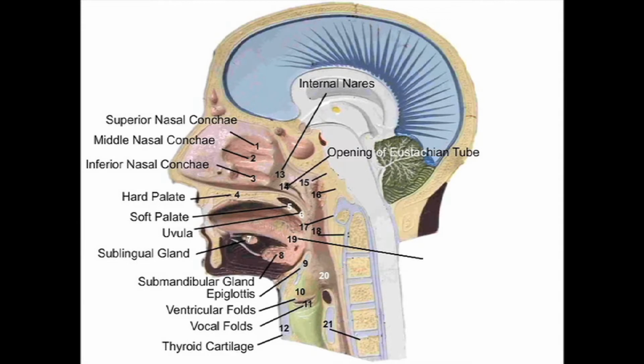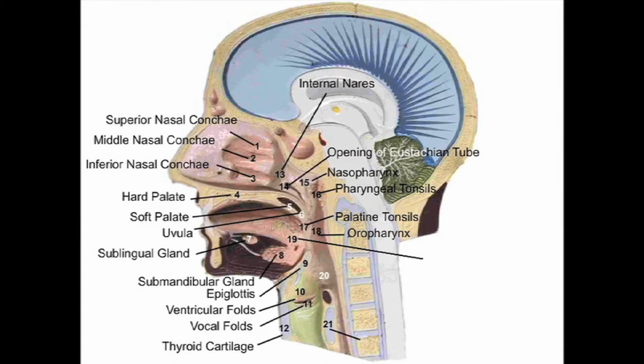And then 15, we're going to have our nasopharynx, and that's just telling you the location, which is here. 16, which is going to be one of our tonsils, which is going to be our pharyngeal tonsils. Then we have 17, which is going to be our palatine tonsils. And then 18, which is going to be our oral pharynx, and that's going to be, again, this area right here.